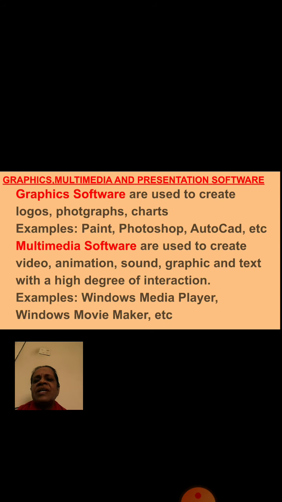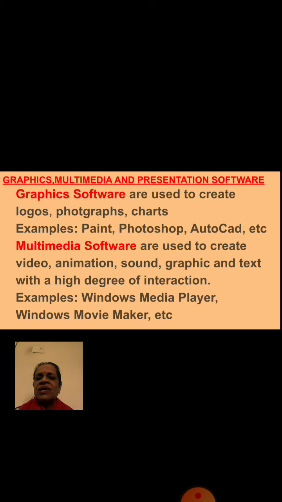Next, let us see what is graphics and multimedia software. Graphics software, as the name suggests, is used to make logos, photographs, charts, mainly concerned with non-data. That means you will not have much text matter. You will have a lot of pictures, images.